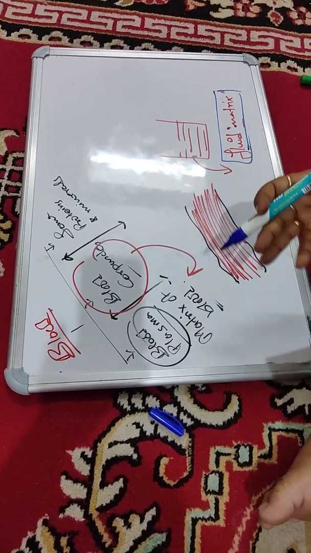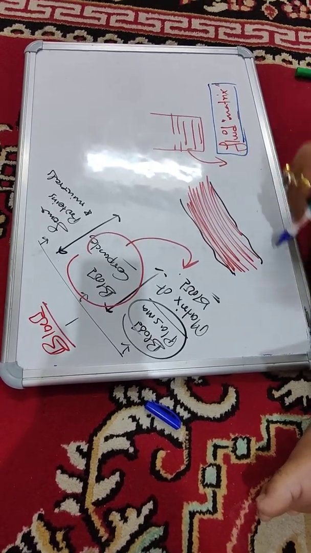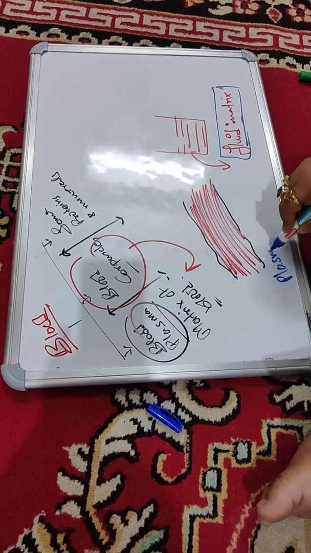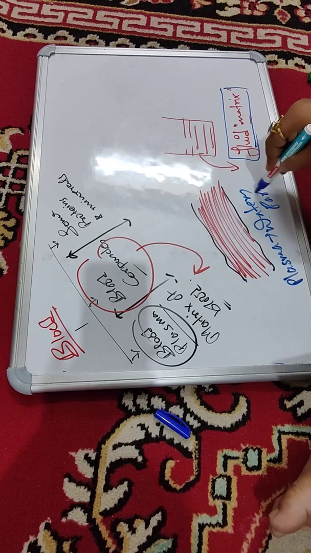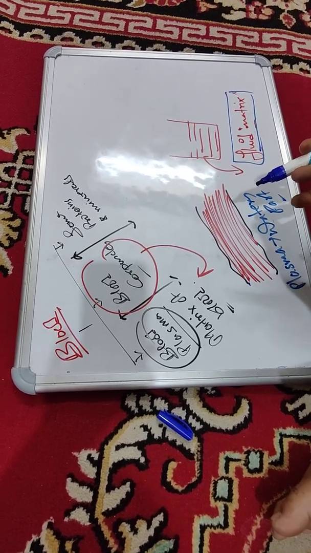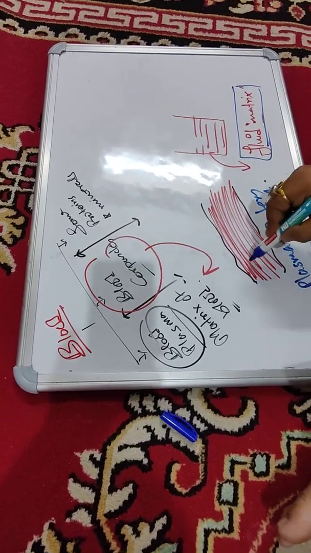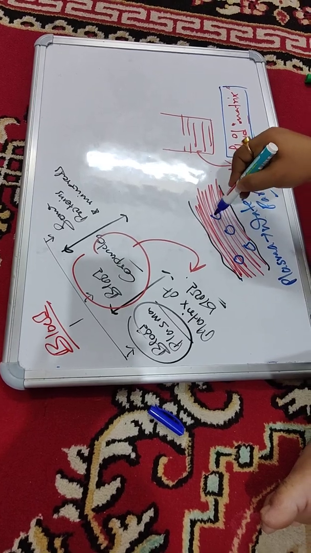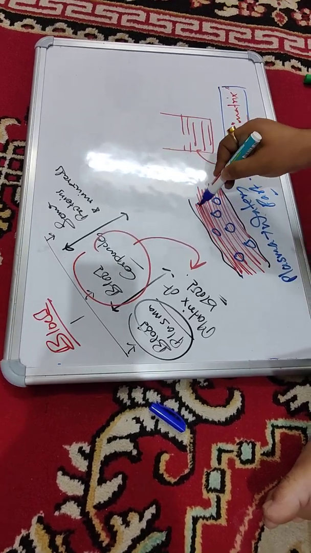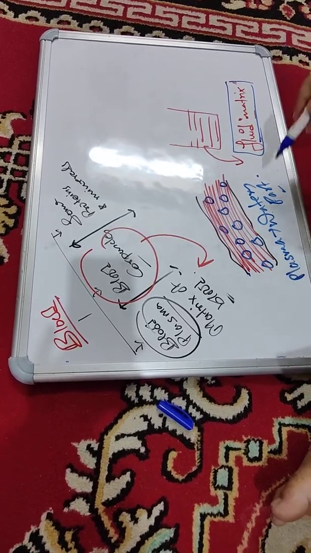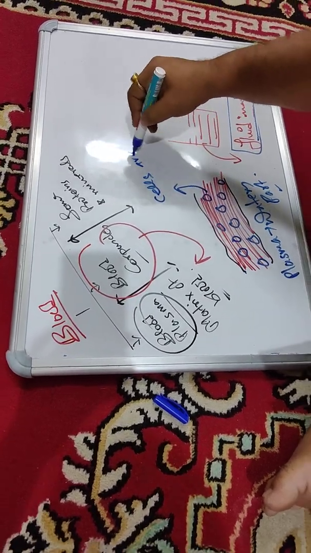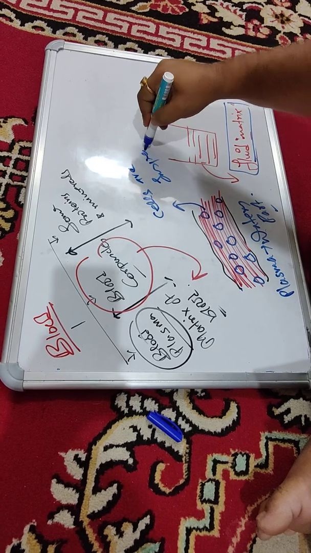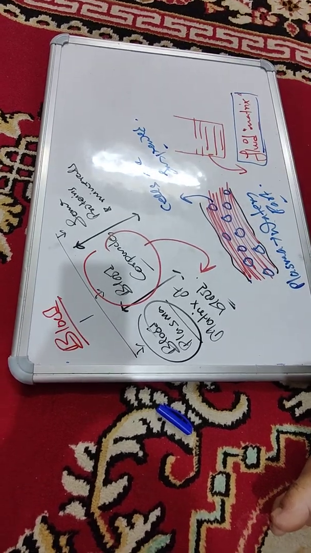The plasma is basically the watery part, the water in which the cells are floating around, or suspended. The cells are suspended or floating around in the plasma.